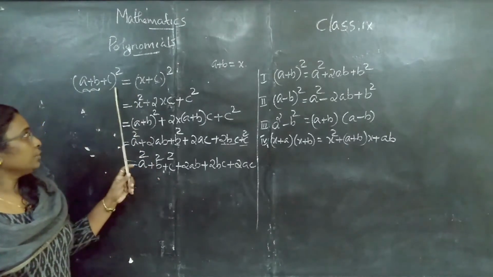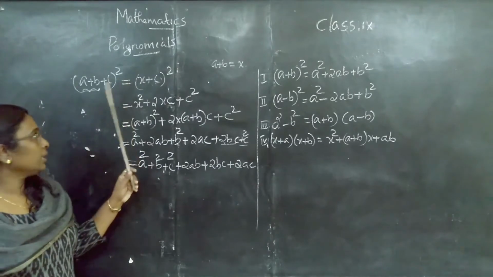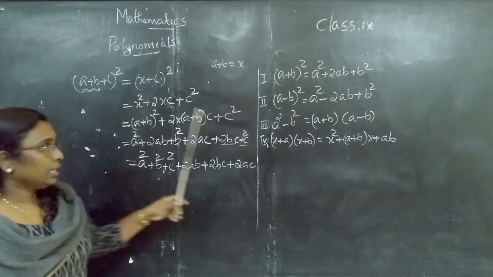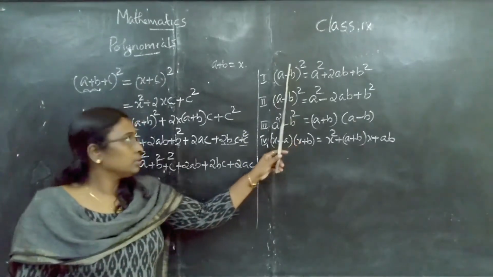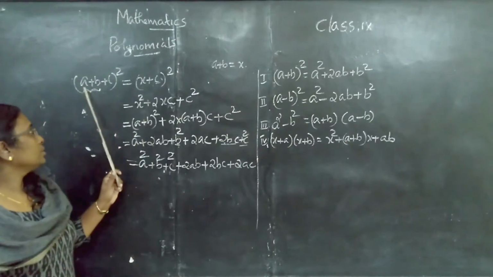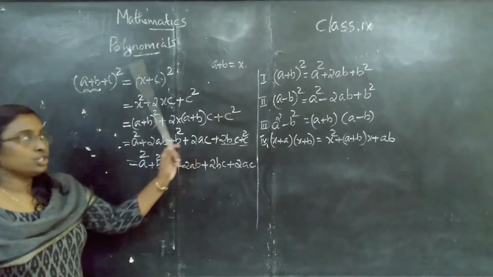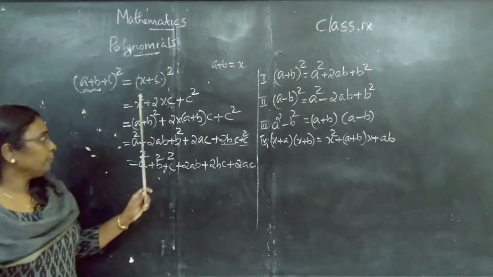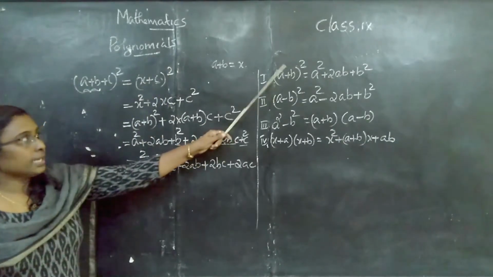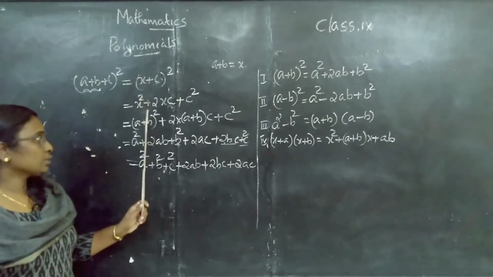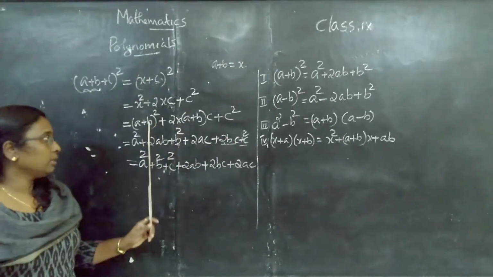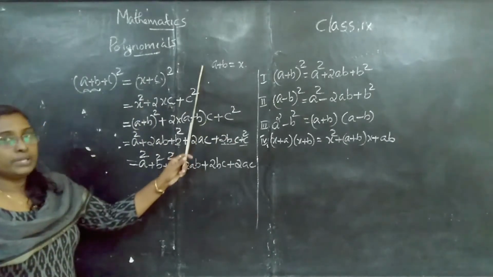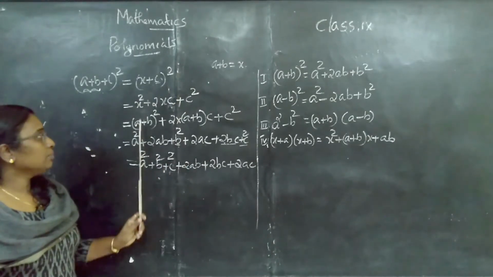Once again, to find (a plus b plus c) the whole square, this is a trinomial. We have (a plus b) the whole square. So, assume a plus b as x. So, this becomes (x plus c) the whole square. Using this identity, we can expand: x square plus 2xc plus c square. x is a plus b, so substitute a plus b in place of x.